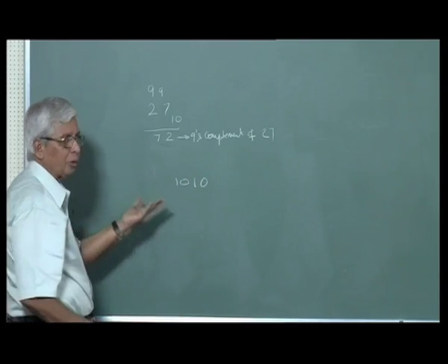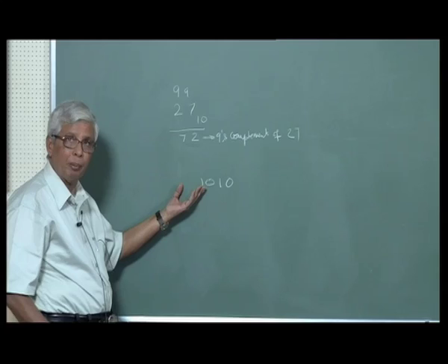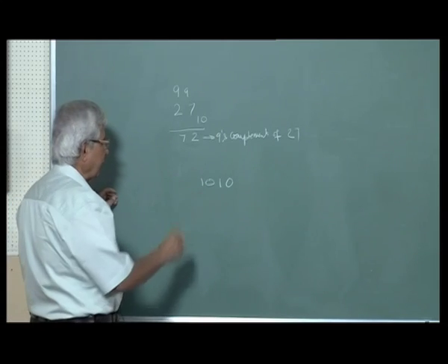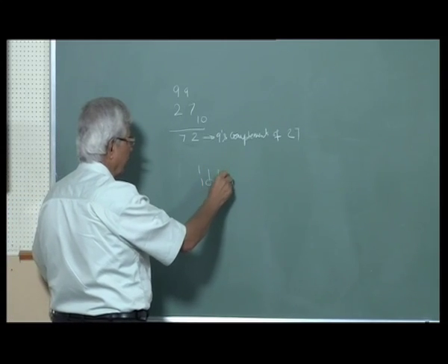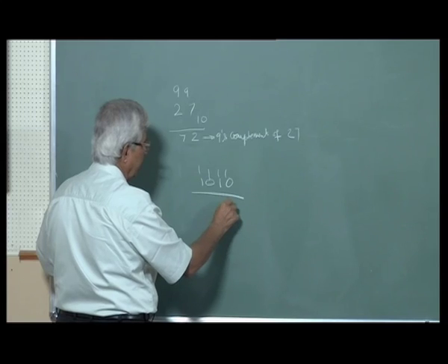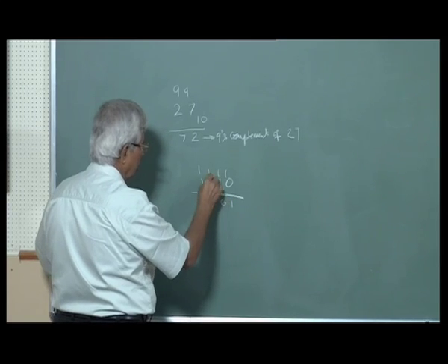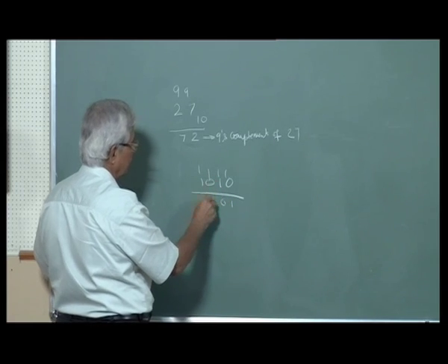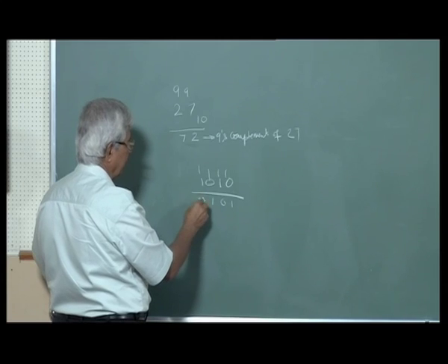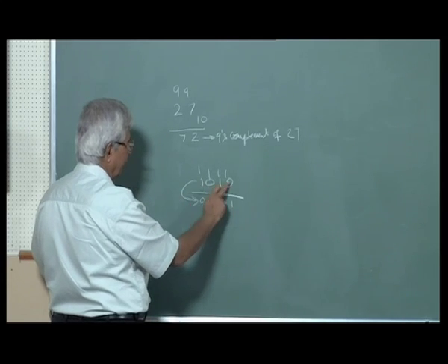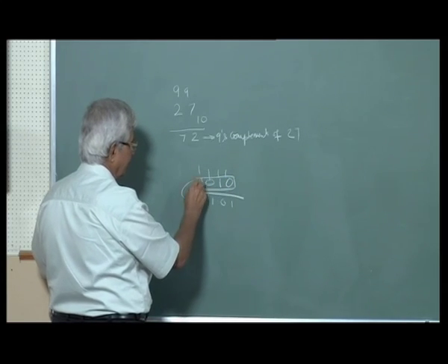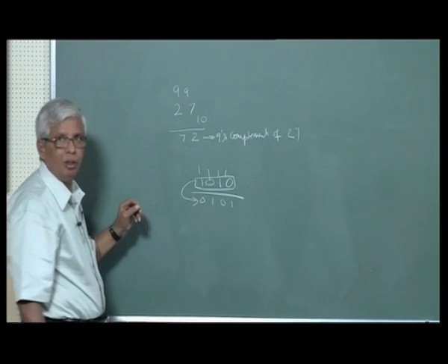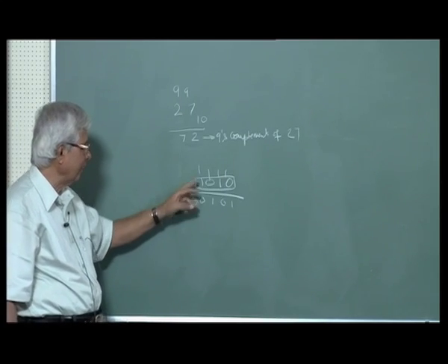If I don't consider it positive or negative, it's a negative number actually. I can subtract it from 1 1 1 1, so it becomes 0 1 0 1, which is nothing but the inverse of this. But we don't do this. We only do it for signed numbers.